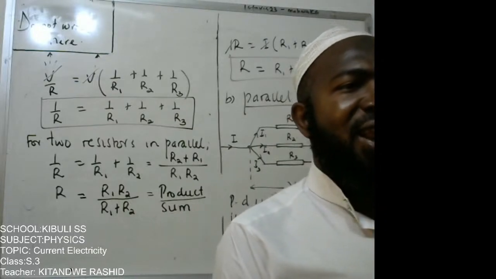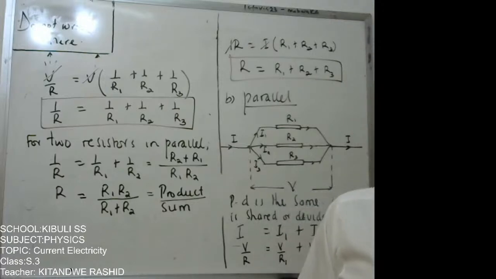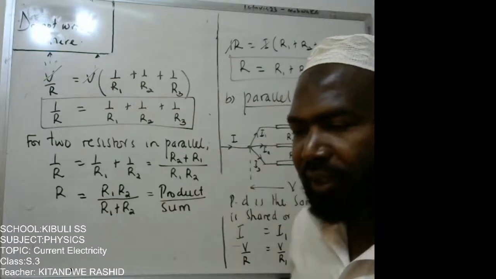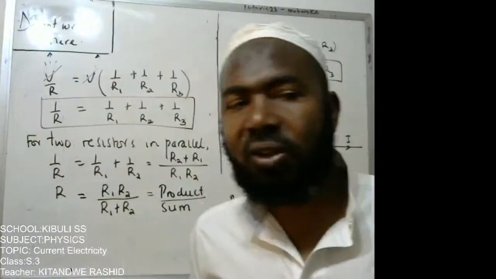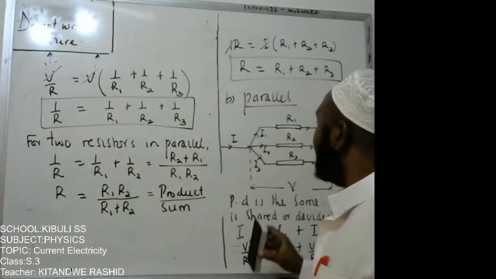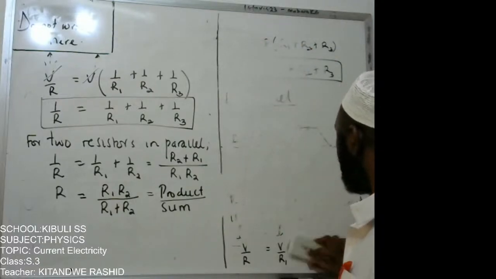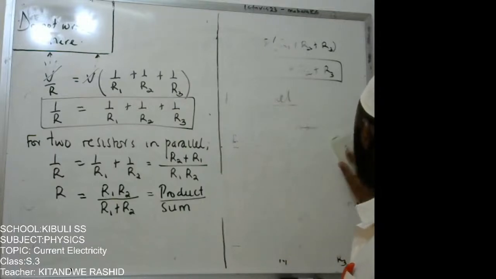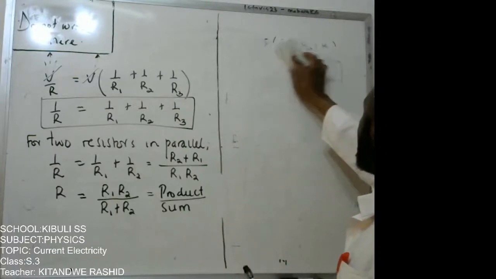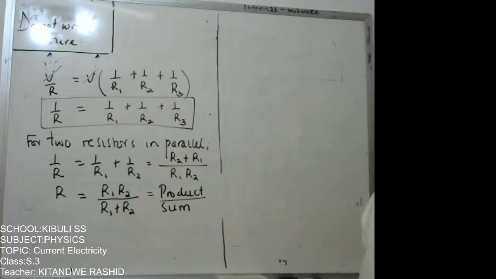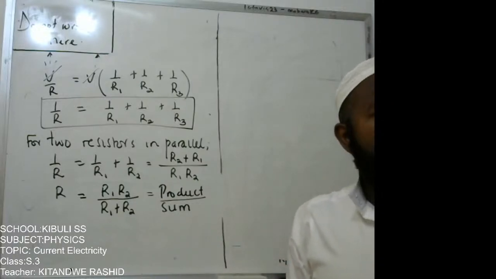So we can now do some examples. We did them the other time, but I think it may not cause any harm if we make a simple recap, a few examples of what we did previously. So we said, example 1, we are having two resistors in series.